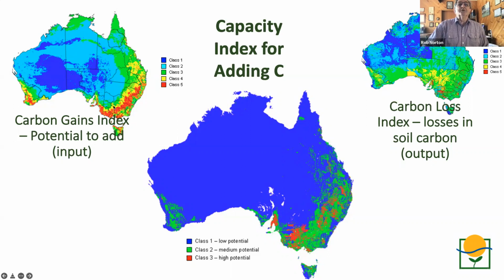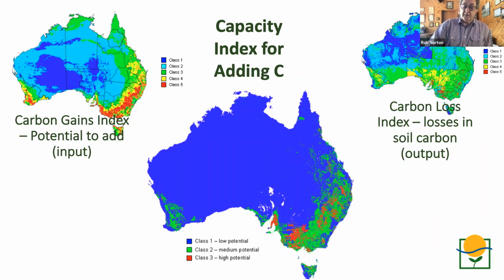If you look at the size of the bucket, the amount that goes in, and the amount that comes out due to erosion and respiration, we still end up with an area in the Wimmera Mallee and on the York Peninsula in South Australia with a reasonable capacity to add carbon. So that's the good news. The bad news is that it's going to take a long time to add some.